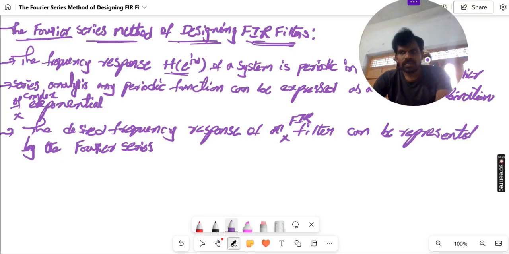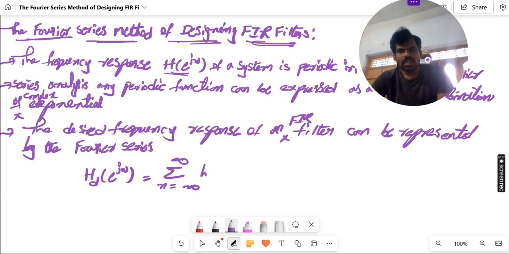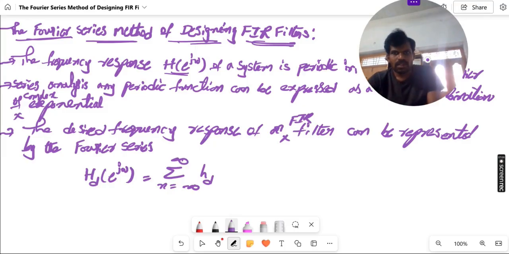Therefore, H d of e power j omega is equal to the summation n equal to minus infinity to infinity of h d of n into e power minus j omega n.